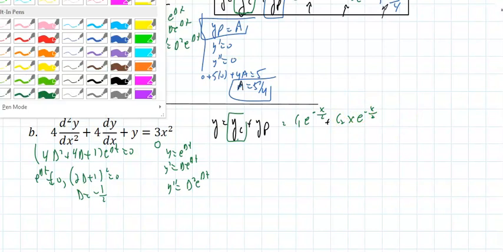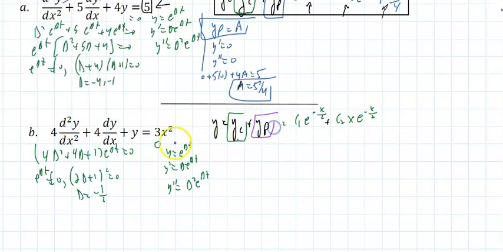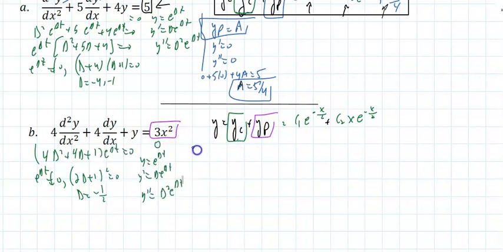Now the particular solution. The general form of a quadratic. So that is ax squared plus bx plus c. And we use the letters to separate between the complementary and the particular. Y prime is 2ax plus b, and y double prime is 2a.